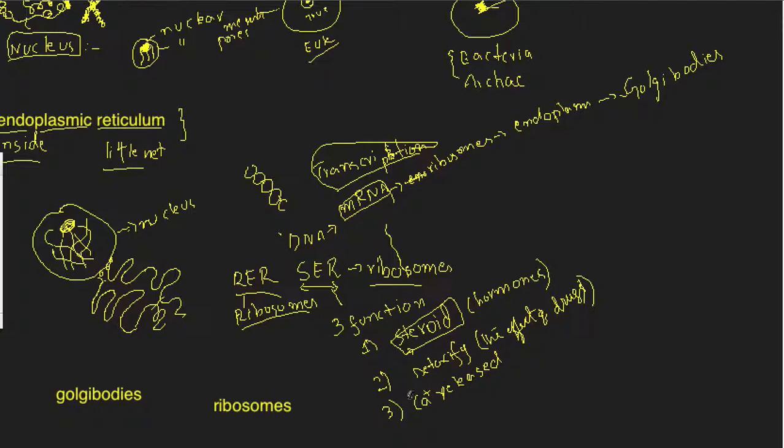So basically the smooth endoplasmic reticulum produces hormones, detoxifies the harmful effect of drugs, and stores calcium ions.